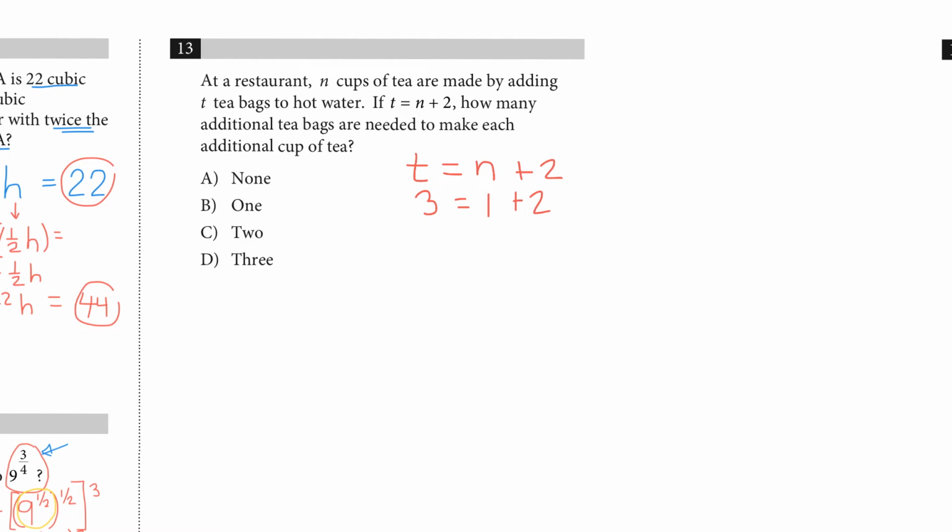And if n is 2, and I add 2 to that using the formula, that means I need 4 tea bags. So since the coefficient of n here is 1, you're increasing by 1 each time, for each additional cup of tea. So the answer here should be 1. The answer is B. It's 1.